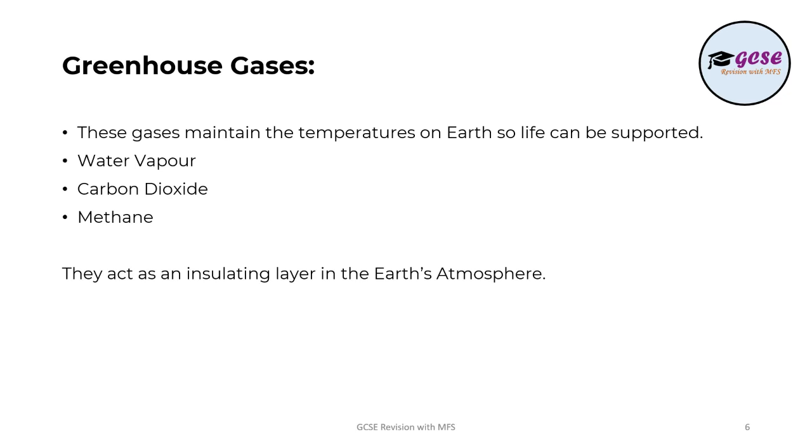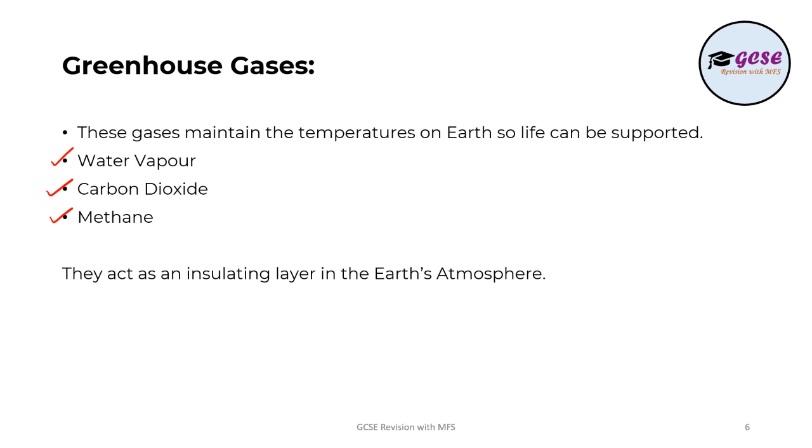If we didn't have any greenhouse gases, the Earth would be freezing, and you wouldn't want that experience. That's why we have greenhouse gases. The greenhouse gases that we have are water vapor, carbon dioxide, and methane. These are the 3 greenhouse gases you need.